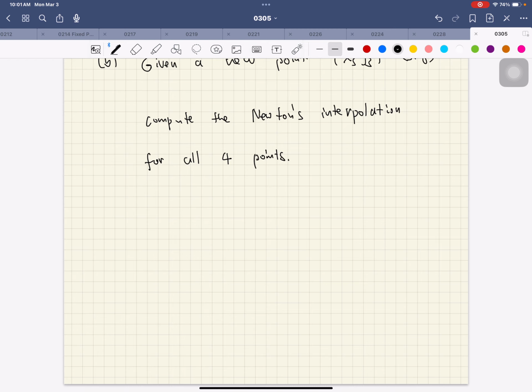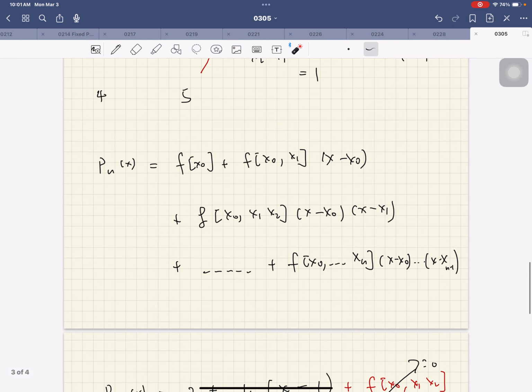So according to the formulas over here, this one is invariant to the permutation. So that means if we consider the next term, with one more point, essentially we just need to compute f[x0, x1, x2, x3], and here will be (x minus x0)(x minus x1)(x minus x2), right?